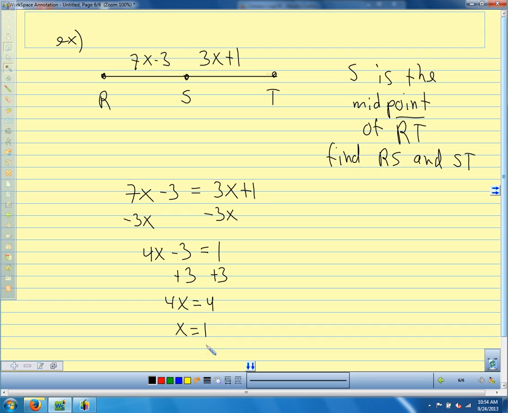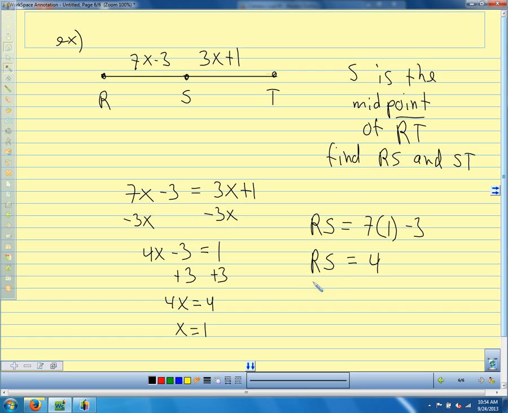No. What does the problem ask us to do? Find RS and ST. It didn't say find x, it says find RS and ST. So what do I do with x? Plug it in. RS equals 7 times 1 minus 3. So 7 minus 3 is 4.